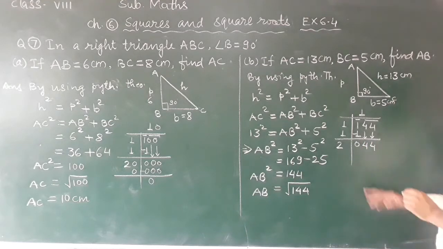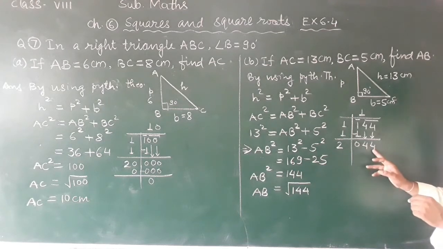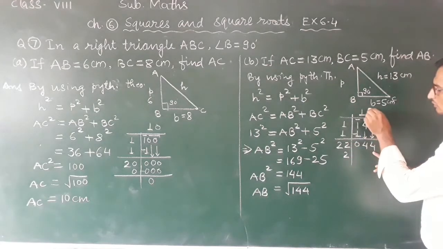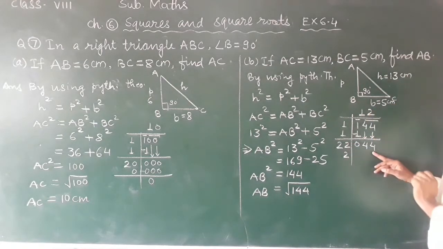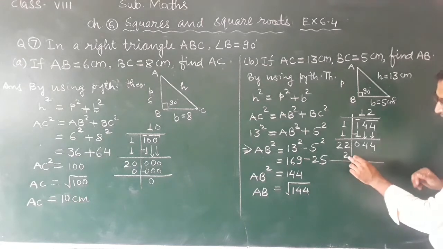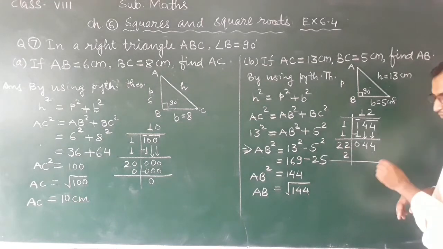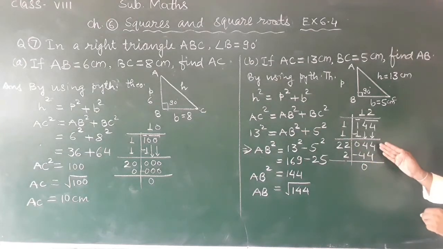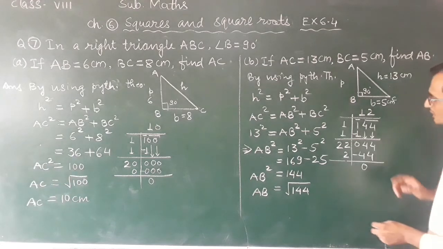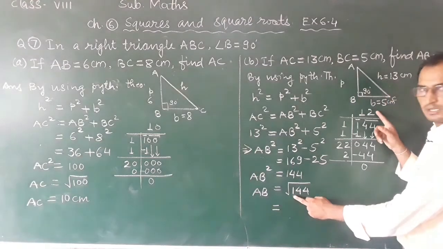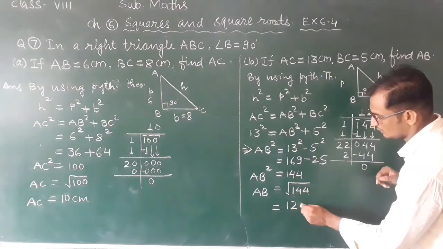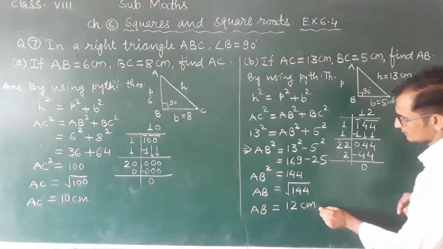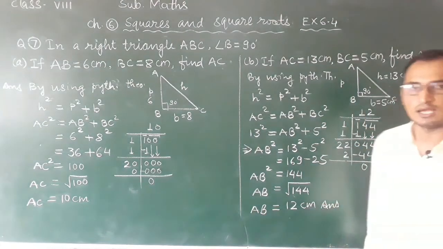Now we put the same digit for getting 44. The digit will be 2 and 2. So we write 2 also in the quotient. By multiplying 22 into 2, that will be 44, and 44 minus 44 means remainder 0. It means square root of 144 is 12. Clear? It means the value of AB is 12 centimeter. This is your answer, and thank you.